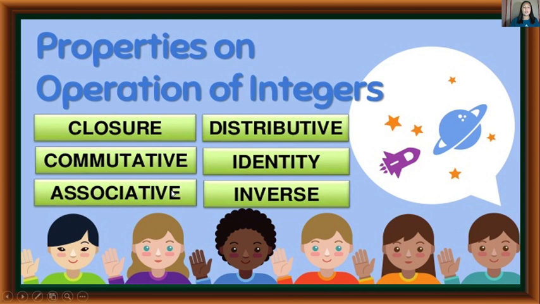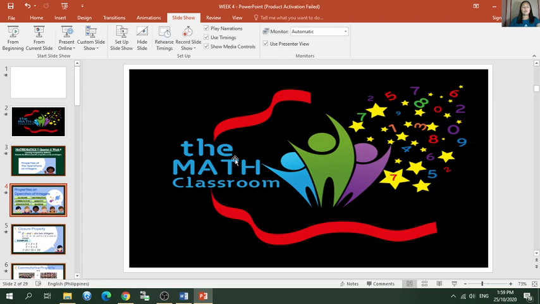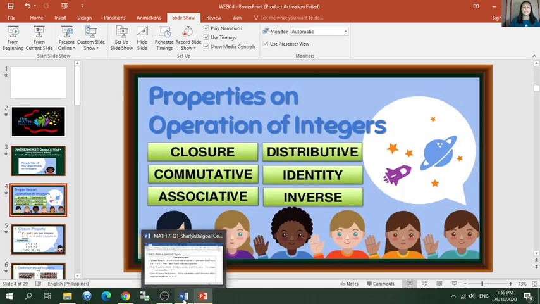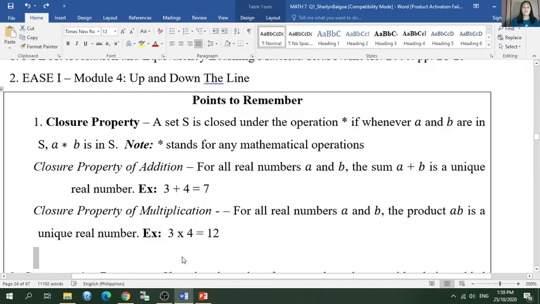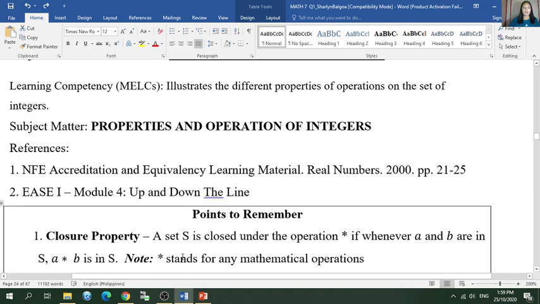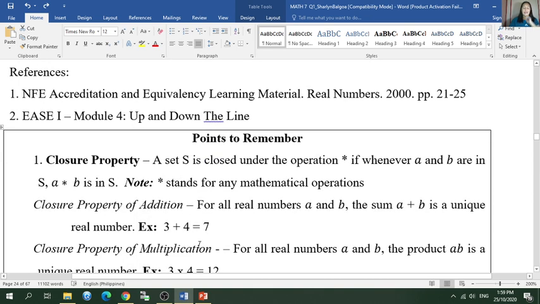Third, we have associative property, distributive property, identity, and inverse property. So do not confuse about the 6 properties of what? Operation of integer. Okay, so let's have a brief discussion or recall on the 6 properties of operation on integers. The first one is closure.